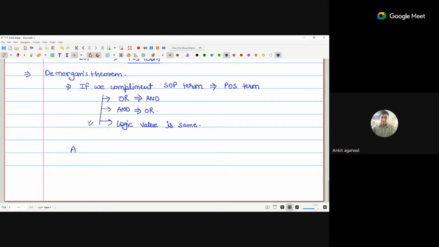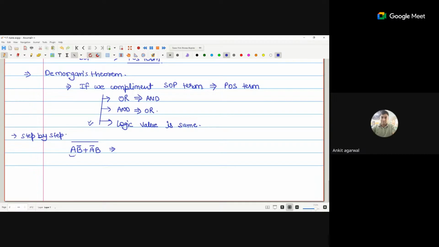So if I take A B bar plus A bar B and apply De Morgan's theorem, that is, apply the complement of the SOP term, it will become a POS term. When taking De Morgan's theorem, we have to go step by step.